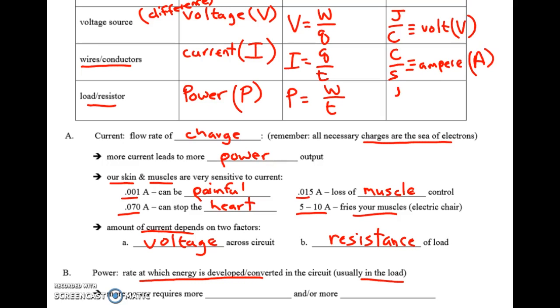And of course, the unit is a joule per second, which we already know is a watt. So we want to be able to relate voltage and current to power, because if you want power delivered, you need current flowing and you need an energy input. So there should be a pretty simple connection between the two.